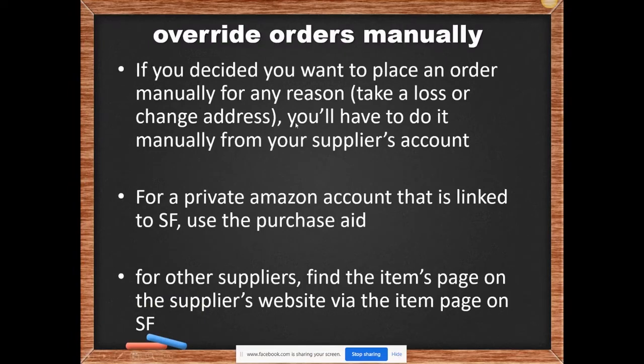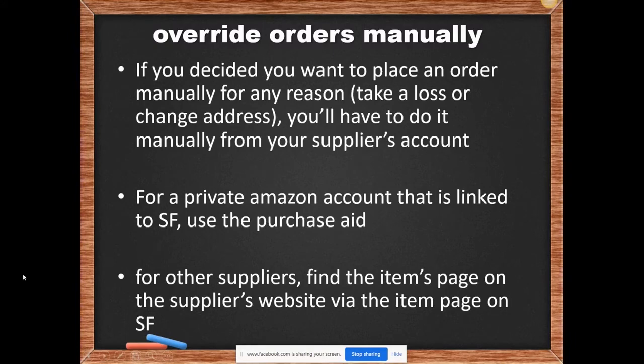So, if you decided you want to place an order manually for any reason, okay, if it's a negative profit, you decide you want to take the loss, or maybe the buyer asked you to change the address and you really wanted to help him, okay, because you're a really good seller and you managed to cancel the original order and then you want to reorder it manually with the new address the buyer gave you, then you'll have to do it manually from your supplier's account.